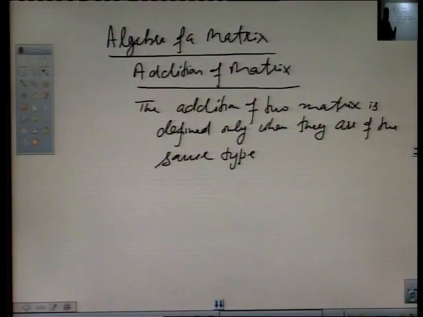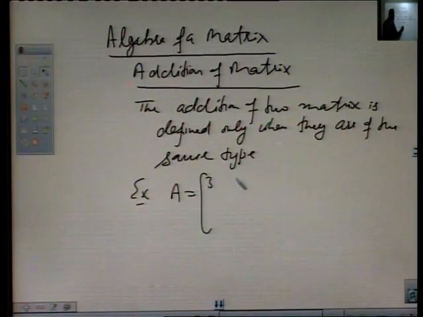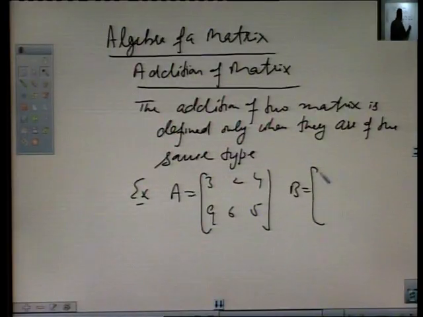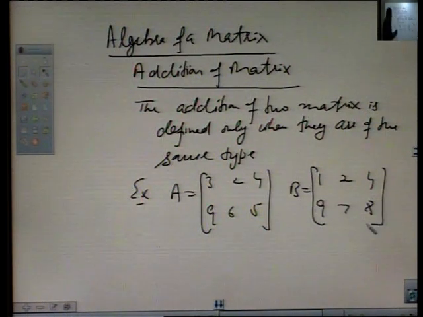For example, A equal to 3, 2, 4, 9, 6, 5, and B equal to 1, 2, 4, 9, 7, 8. A is a 2 cross 3 matrix and B is also a 2 cross 3 matrix.